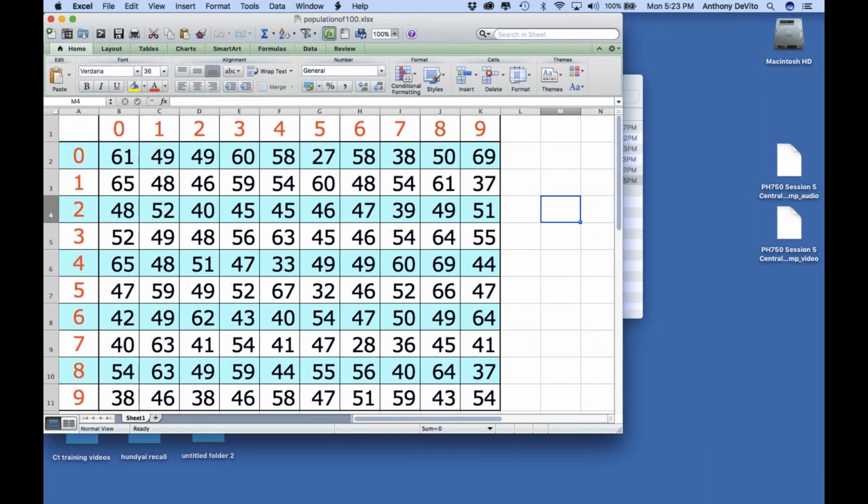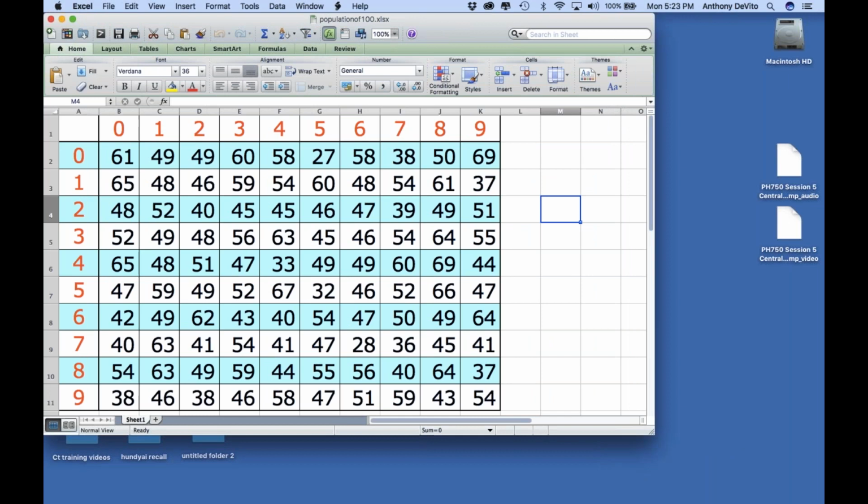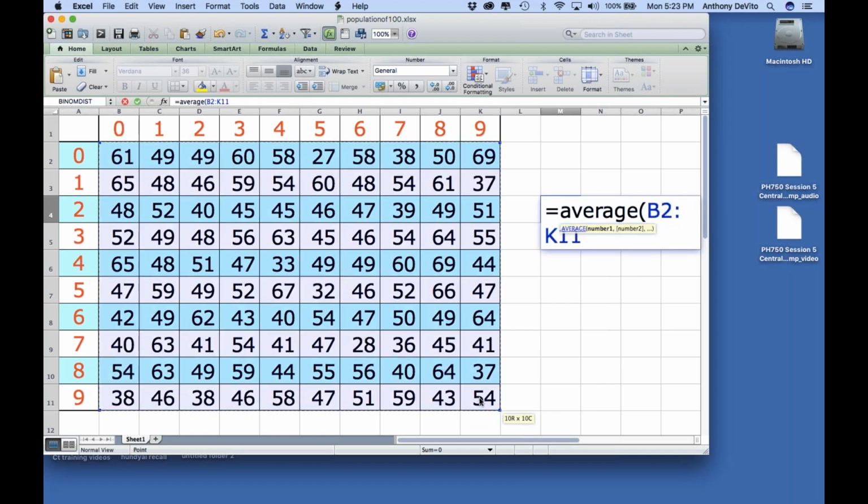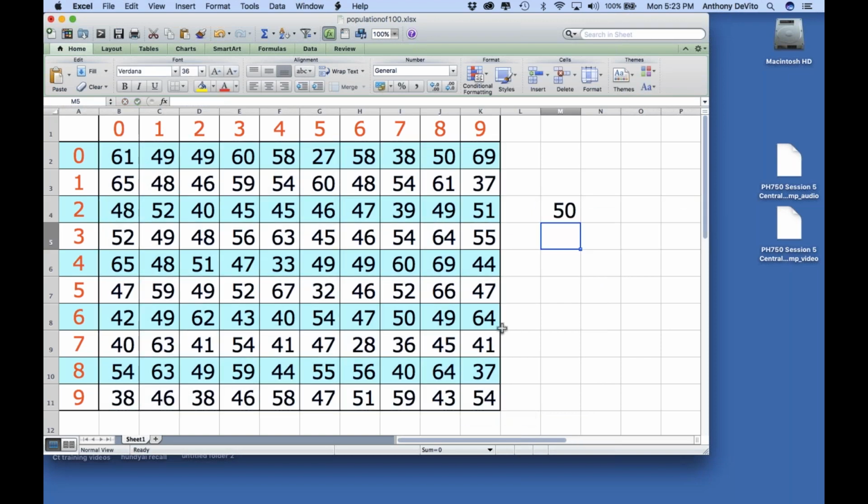So unlike the situation that we would be in normally, we could, if we wanted to, actually calculate the mean for this entire population. Okay, so the mean for this entire population is 50. Actually, I'll bet you it's not exactly 50. If I spread it out a little bit, you can see it's a little different than 50.